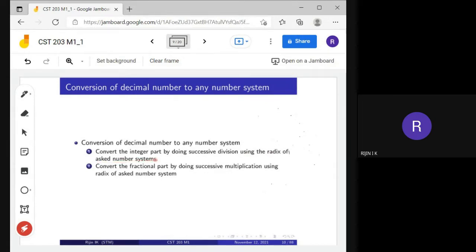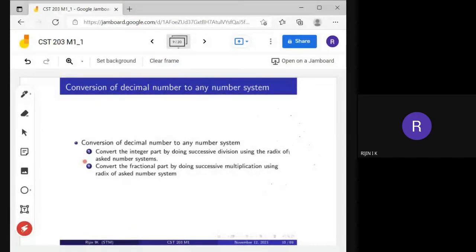Then for converting the fractional part, we need to perform successive multiplication using the radix of the asked number system. This is the point you need to remember.